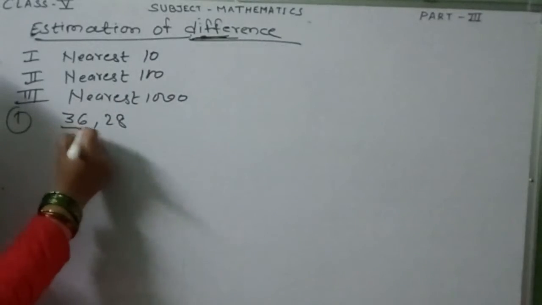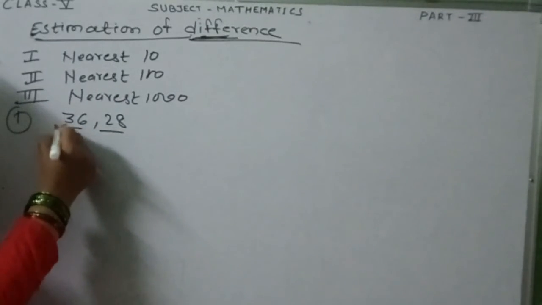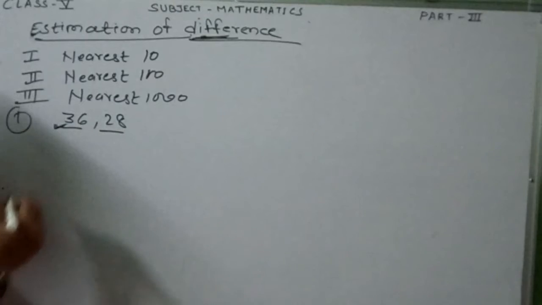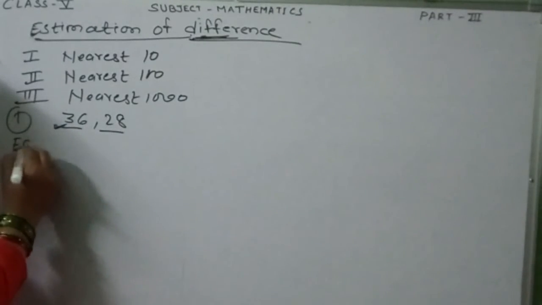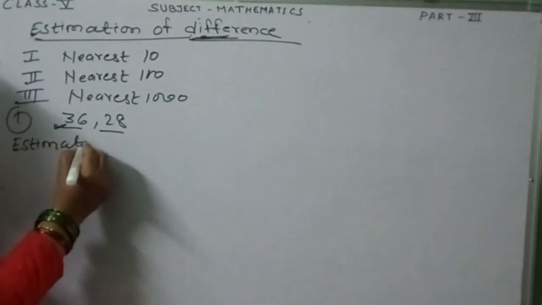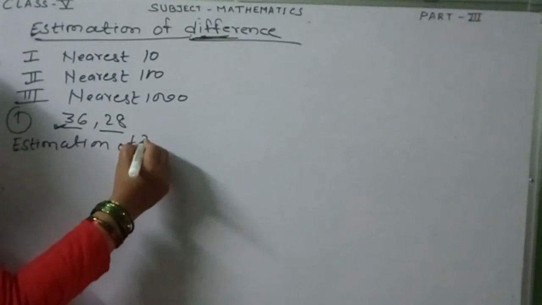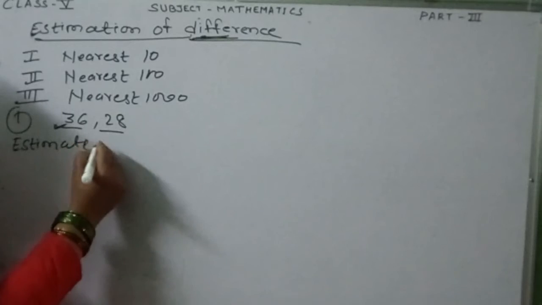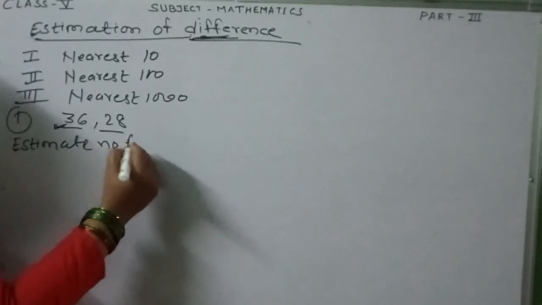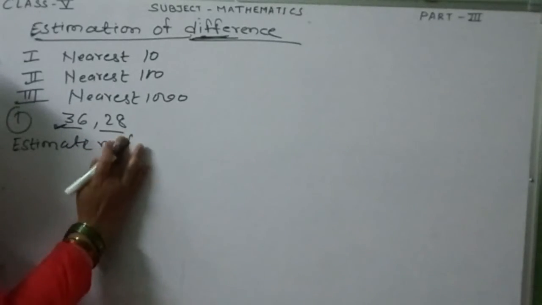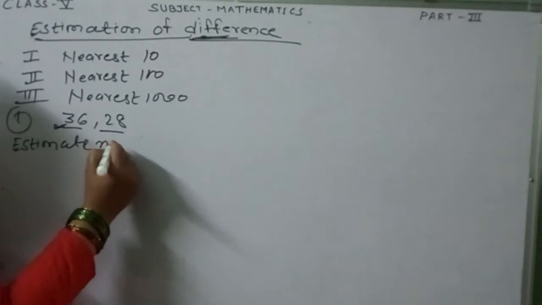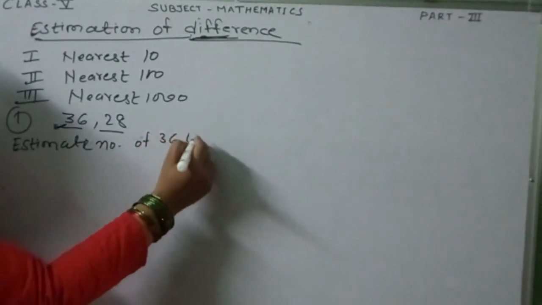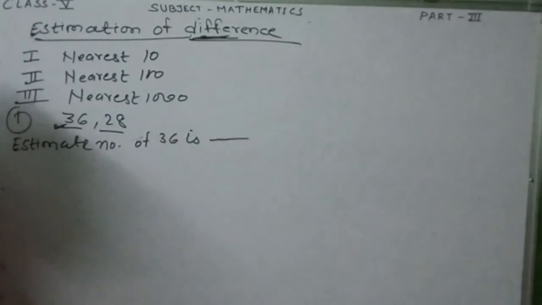The first work is to find the estimate value of the given numbers. The estimate number of 36 is what?